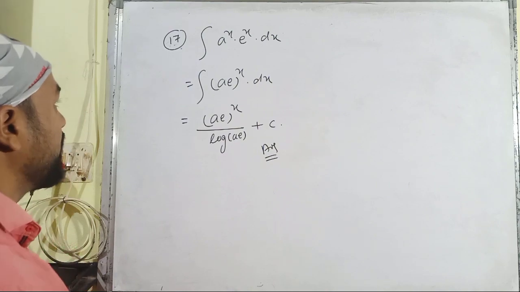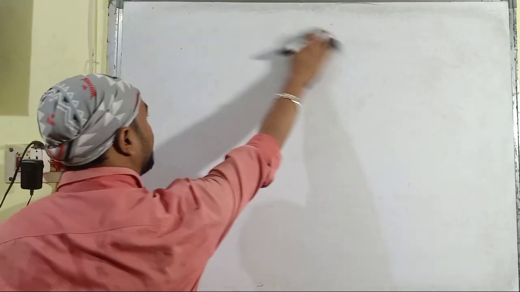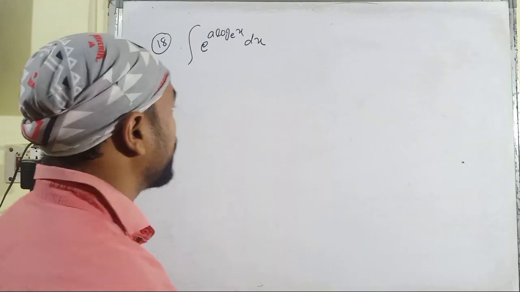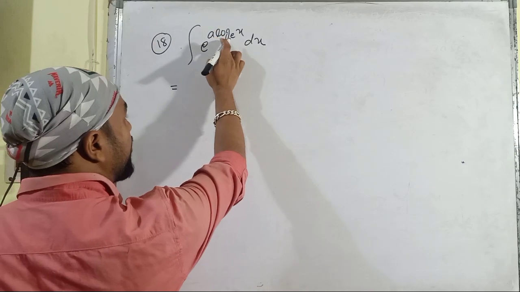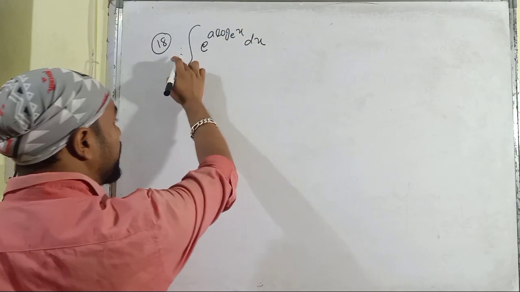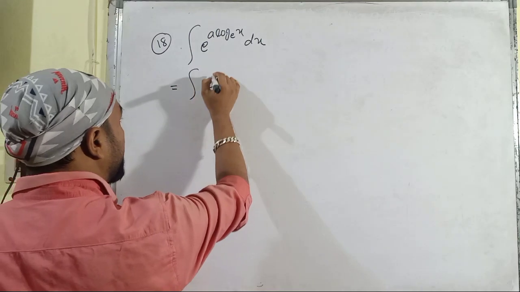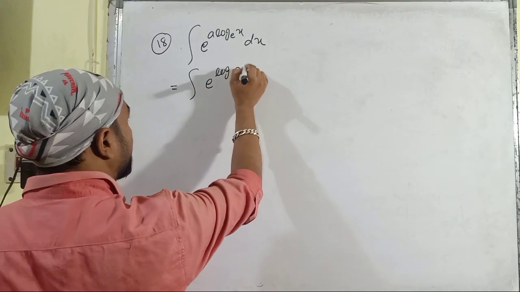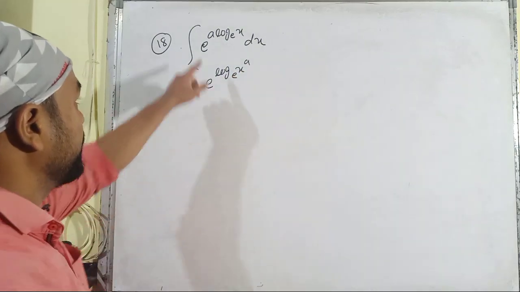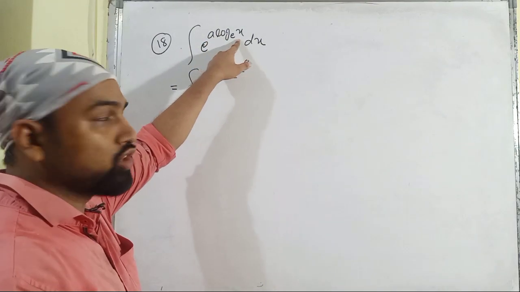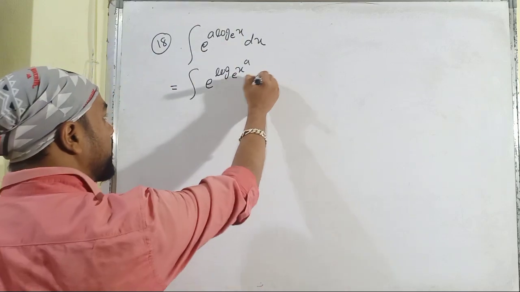Then moving to the problem number 18. Integral of e to the power a multiplied with log x with base e, and we have to integrate with respect to x. So it will be e to the power log x to the power a with base e, because this constant will be carried as the power of x from the properties of logarithm.